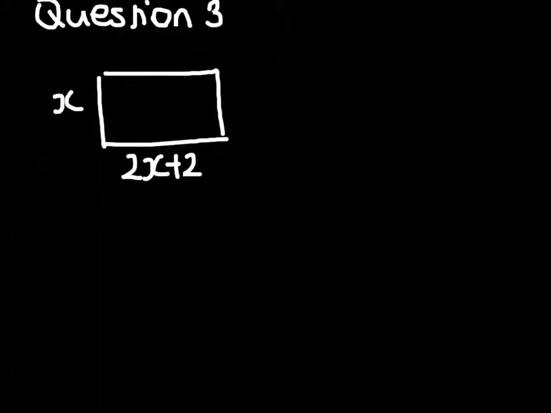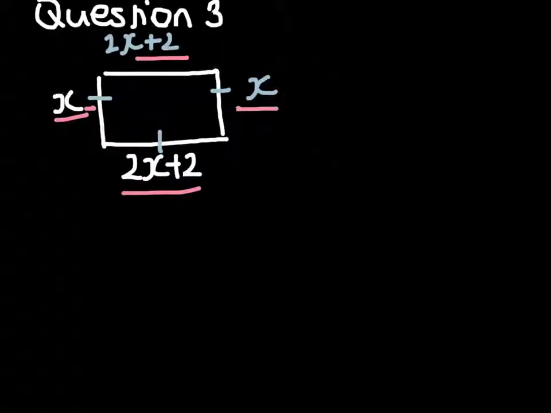Okay, how are we going to write an equation? What does perimeter mean? It means around the outside. So to get the perimeter, I need to add up this side plus this side plus this side plus that side. So of course I need to know how long each side is. Well, it's a rectangle. So if this side is x, this side is also x. 2x plus 2, 2x plus 2.